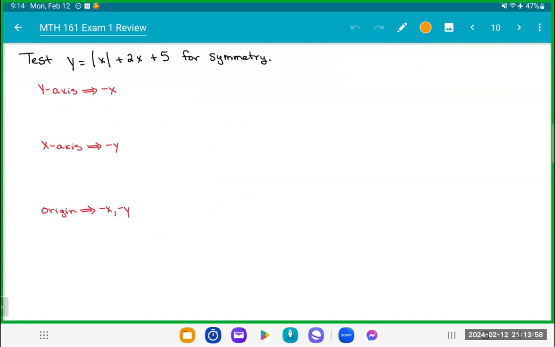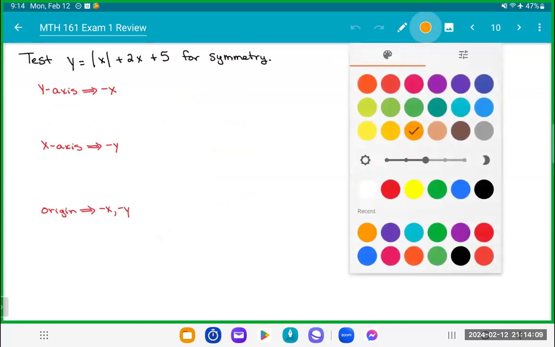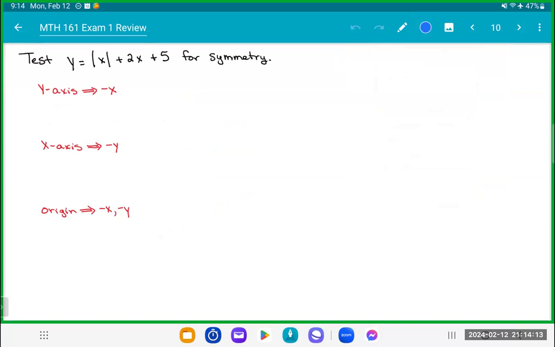Now we're into the material that we covered today. So a little bit of a refresher again. We're looking to do the symmetry test. So is this symmetric with respect to the x-axis? Remember, we're changing all of the x's to a negative x.